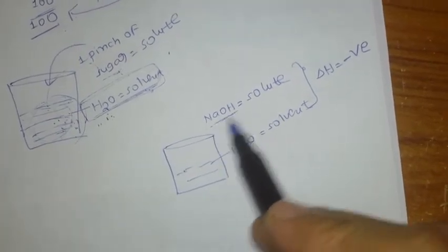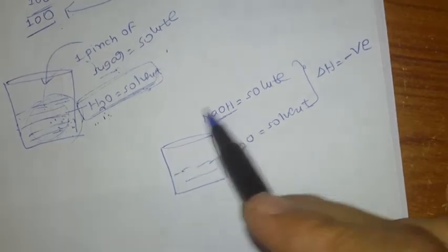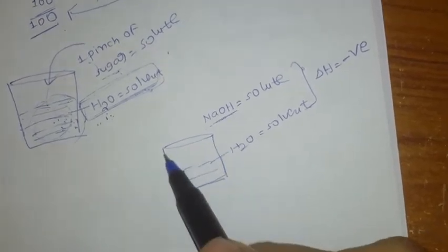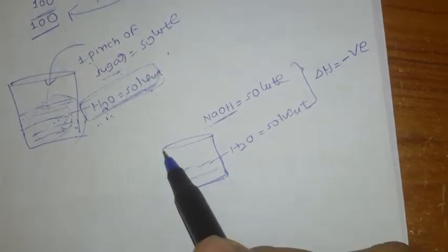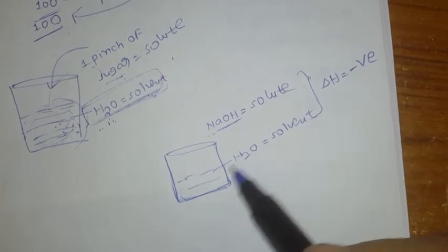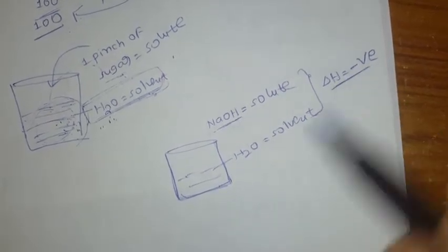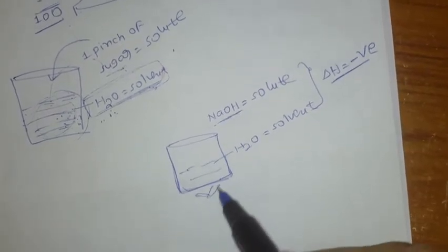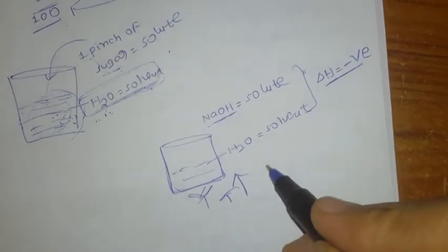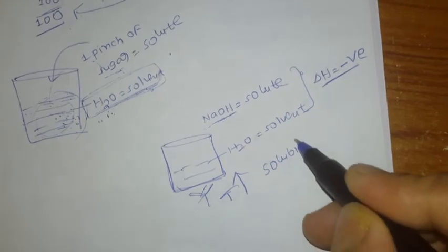In the lab, if you add a sodium hydroxide pellet to a beaker, immediately you can feel the walls of the test tube heat up. It indicates that heat is evolved in the reaction, so delta H is negative. In this case, if you increase the temperature, the solubility decreases.